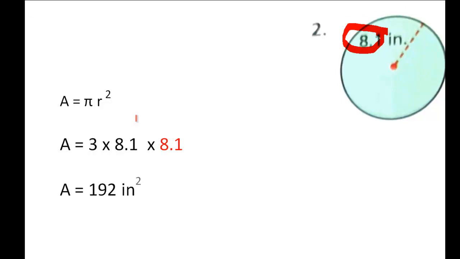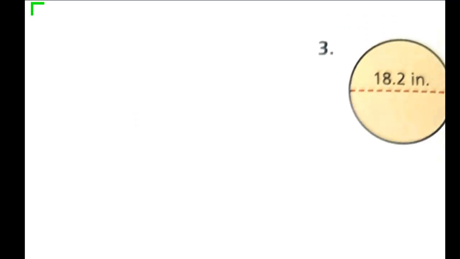Don't forget the unit. Question 3. I have here our third question. We have a circle with diameter. I don't have radius. I have diameter of 18.2. This is the diameter, not the radius. What's our rule? Our rule is A, or area of circle, equals pi r square.